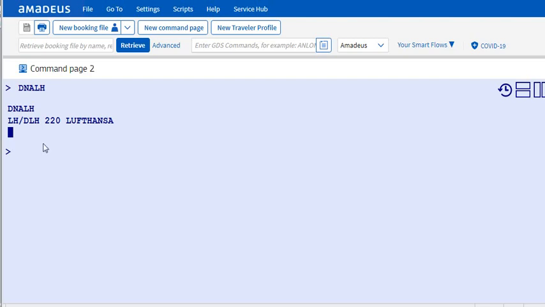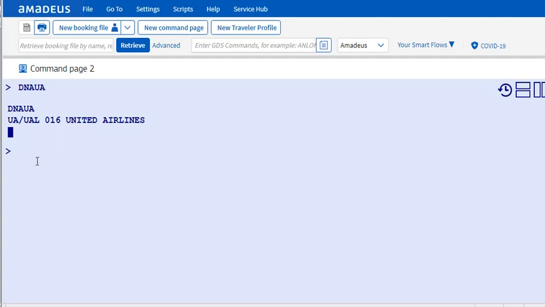So this is the way we can encode and decode. DNA UA, United Airlines, and you can find United Airlines has the code UA. So all the flights of United Airlines should start with the letters UA, and all the tickets of United Airlines should start with the number 016.